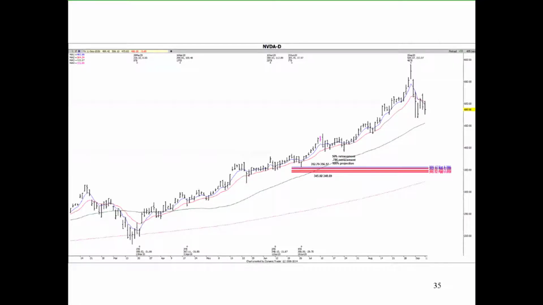It included a 50% retracement of one swing, a 786 retracement of another, and a 100% projection of another. It hit, it held, it triggered, and it looks like it made at least 2 targets on the upside from there. And actually, we never came back down through that area.